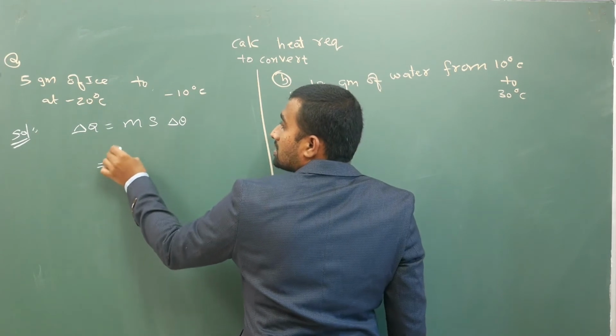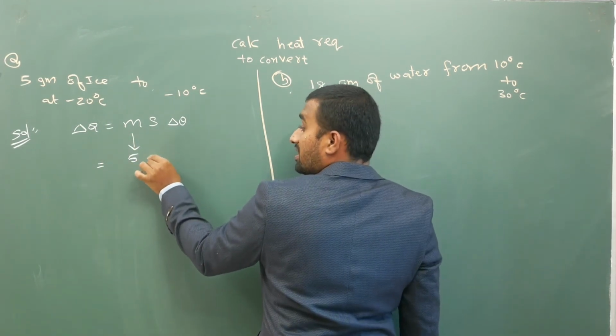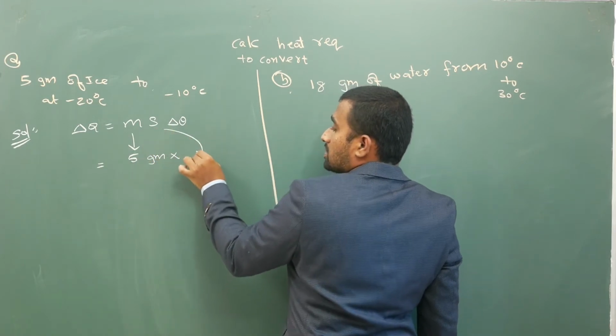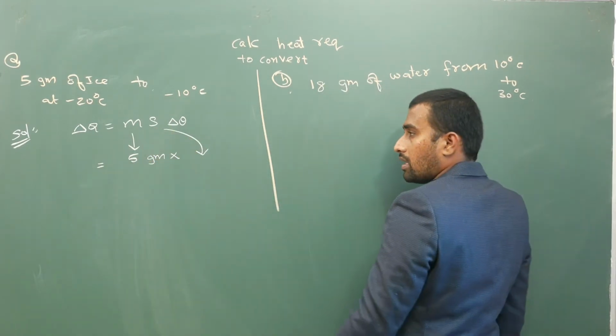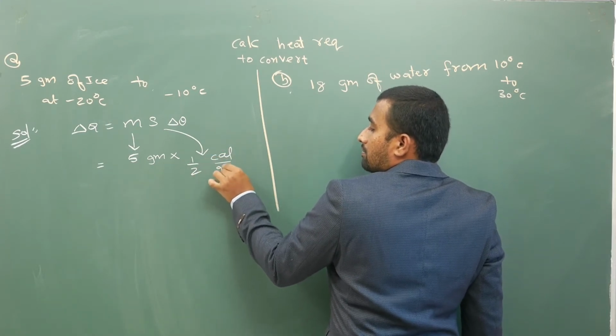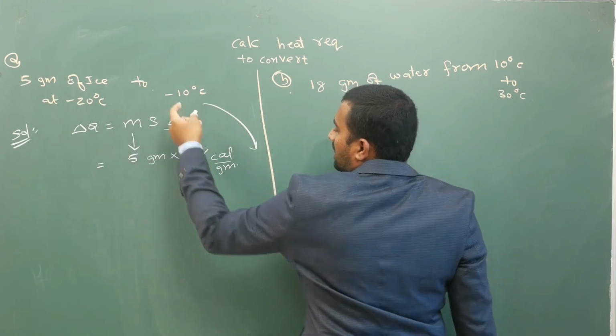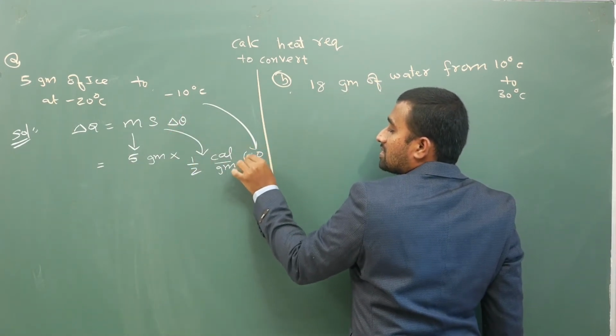Your mass m is 5, it is in grams, so the unit is very important, times specific heat of ice, which I have told you is half calorie per gram, times your temperature difference between minus 20 and minus 10, which is 10.